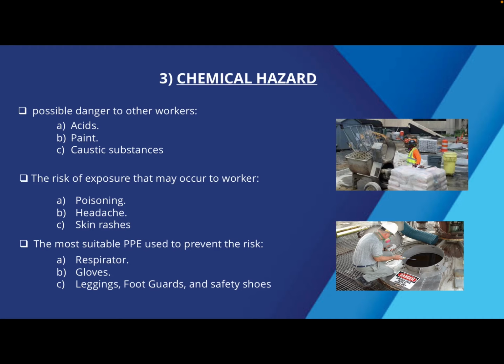The risks that may expose workers are poisoning, headache, and skin rashes. The most suitable PPE to use in this hazard environment to prevent the risk are respirator, gloves, leggings, foot guards, and safety shoes.